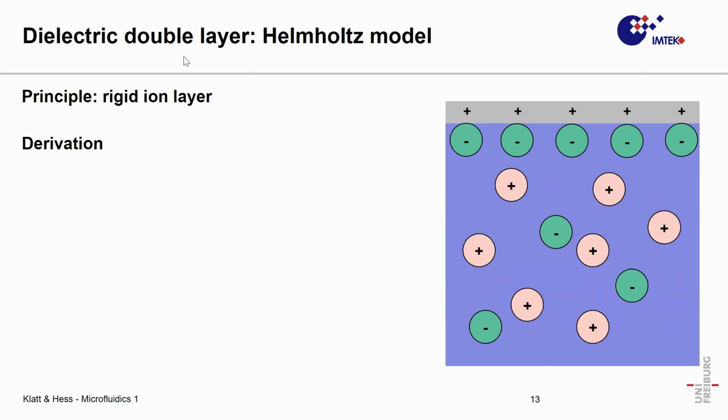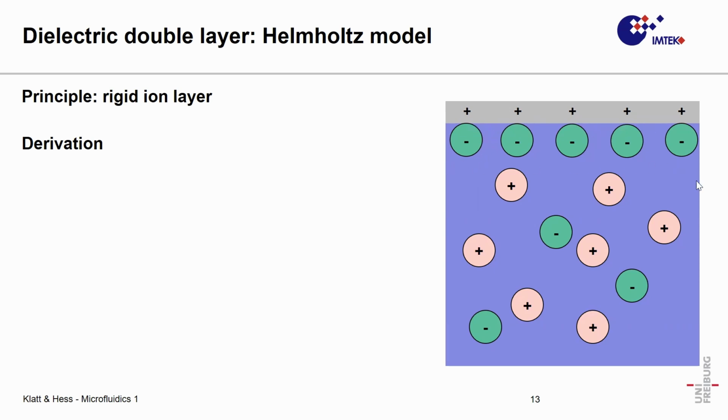So the idea of the Helmholtz model is that every surface charge is met by a particle of the opposite charge. A positively charged wall means that it attracts negatively charged particles, and they meet each other close to the interface.